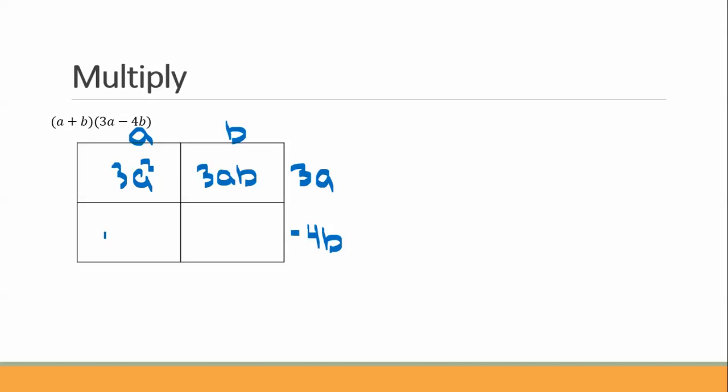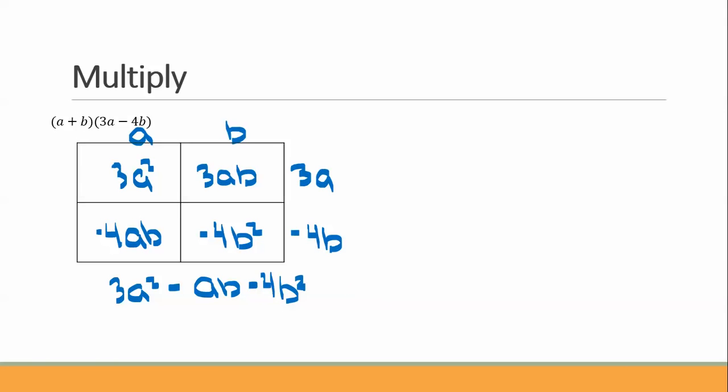A times negative 4B is negative 4AB. And B times negative 4B is negative 4B squared. Adding along the diagonal, we end up with 3A squared minus AB minus 4B squared.